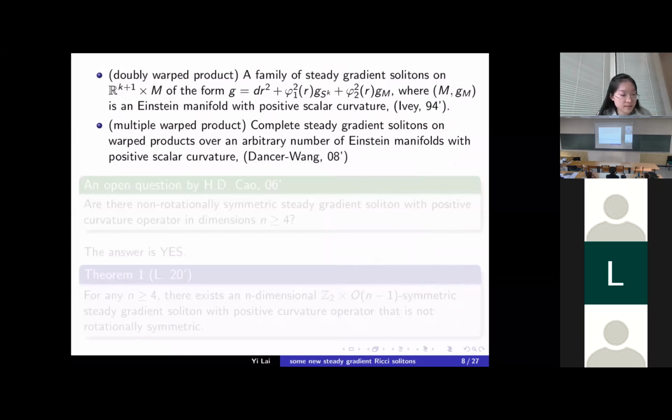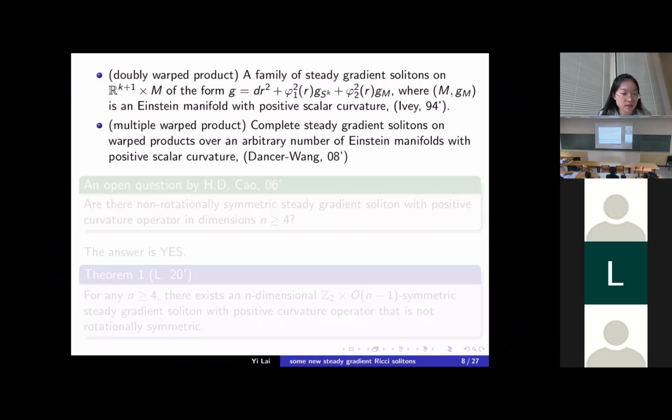And so here are some more complicated examples of static gradient solitons that are constructed in some other way, which can be viewed as some generalizations of this rotationally symmetric metric. So the first class would be examples constructed by Ivey. Okay, so you can construct some static gradient solitons of this form by taking a doubly warped product. The first warping factor is the k-dimensional sphere, and so this is diffeomorphic to the k+1 dimensional Euclidean space.